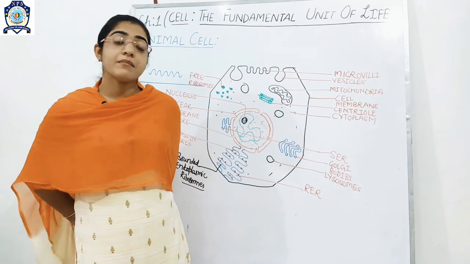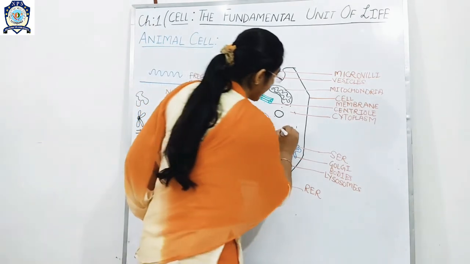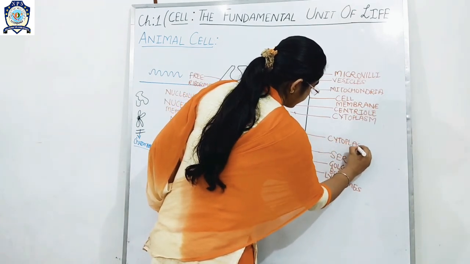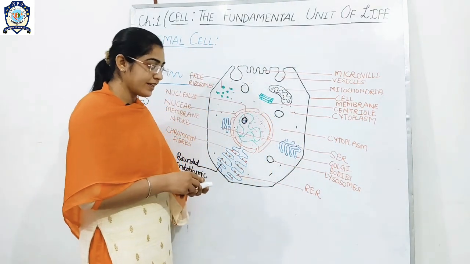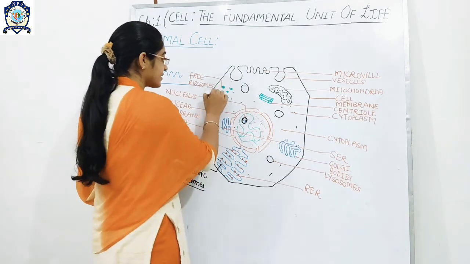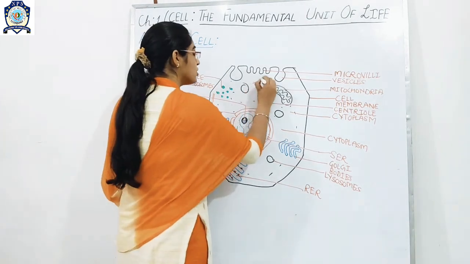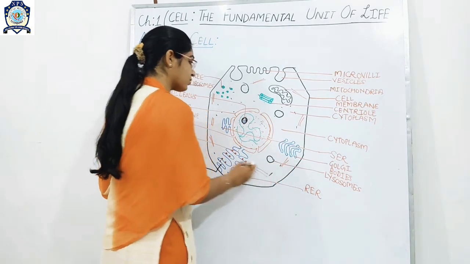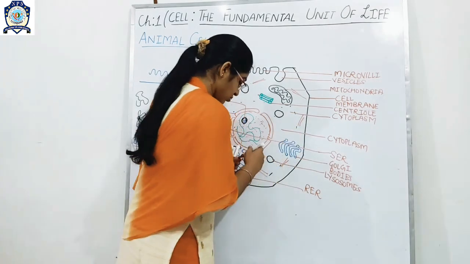As you know, the matrix of the nucleus is called the nucleoplasm, and the matrix of the cell is called the cytoplasm. Okay, and also to provide support to the cell, there are cytoskeleton structures present in this way. These are the cytoskeleton structures, and these are called the microtubules.